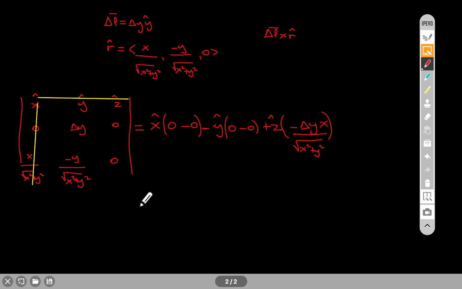So that means the cross product of delta L cross r hat is 0, 0, comma, minus delta y times x divided by the square root.